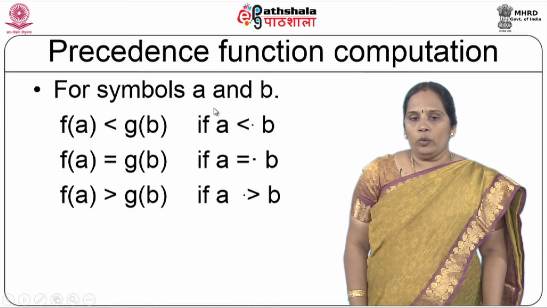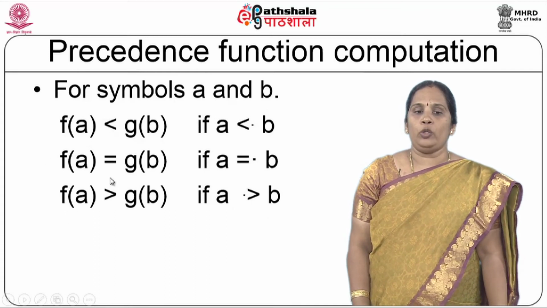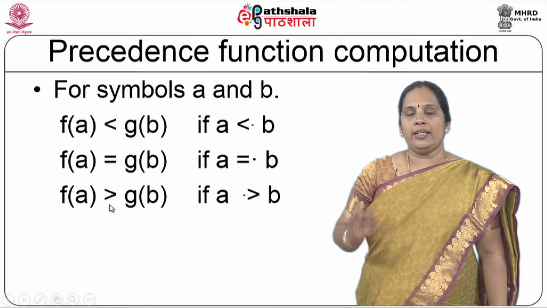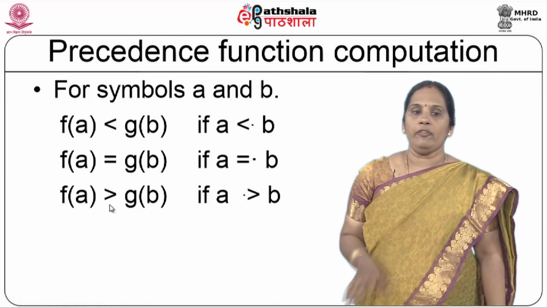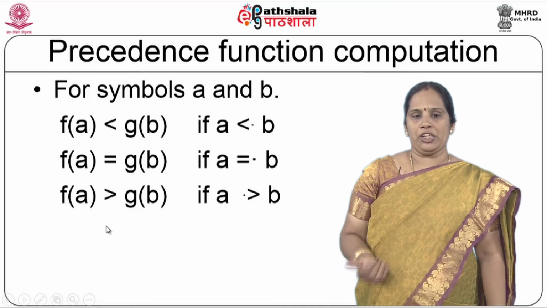So, you look at the precedence table and assign the function values as f of a less than, equal to or greater than g of b, and this is done for all possible combinations of a and b. Where the table entry is empty, this relationship is not defined.